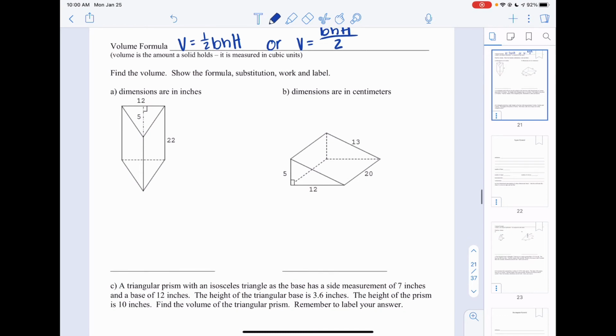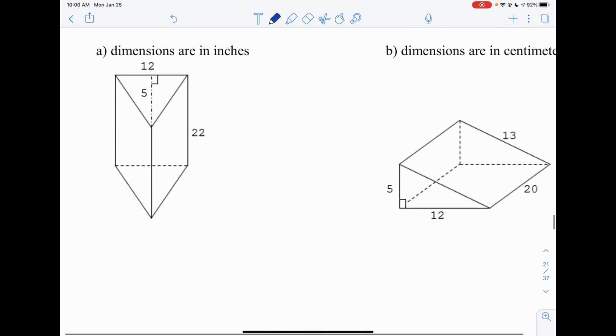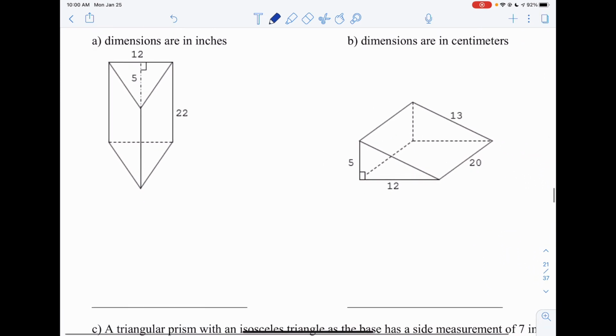Now, moving on to the first example, the dimensions are in inches, so we want to make sure that our label is going to be inches. So first step, you always want to make sure you write your equation, which is 1/2 times base times height times height. Remember, base of the triangle, height of the triangle, and then height of the prism.